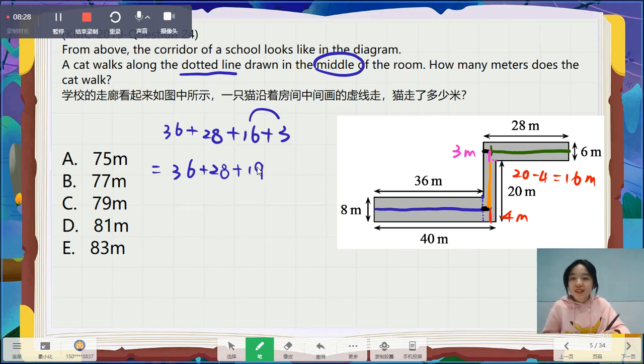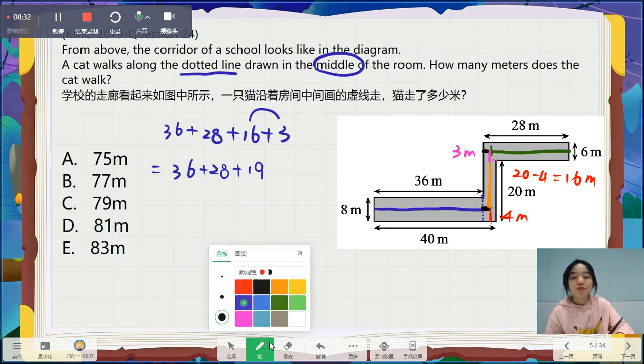Then you can also make the calculation much easier and more reliable by making tens. So let's see, 36 plus, how can we make 36 into a round number? By adding 4. And how can we make 19 into a round number? By adding 1.